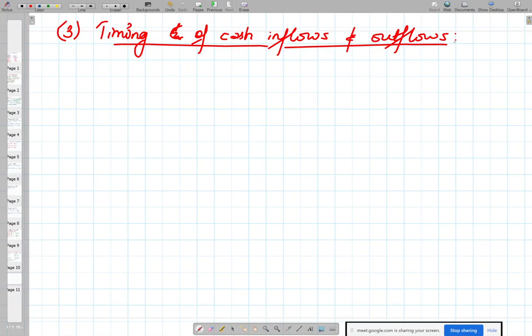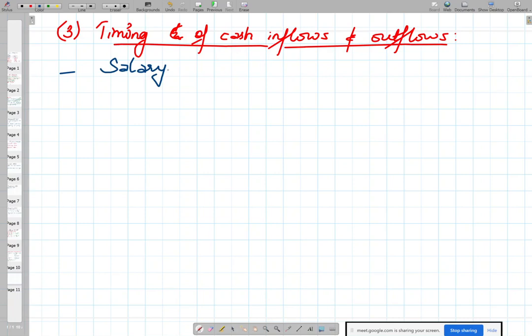Is this clear? So take, for example, salary. What happens with salary? Salary is a very regular thing, correct? It comes every month. It's like a recurring expense that you have to pay every month in time.